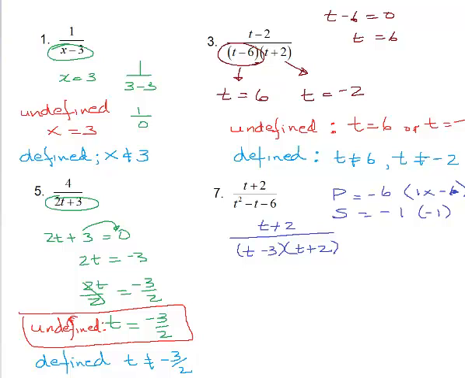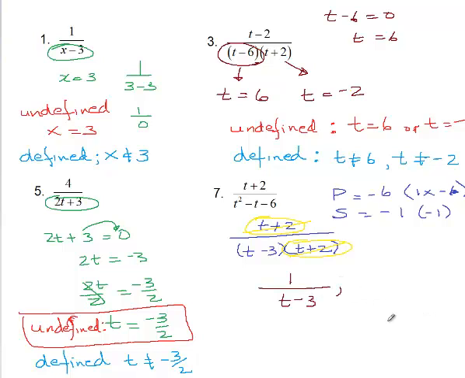So the denominator factors into 2 binomials. Now you look at that expression, and you can see that we have a common factor on top and bottom. Exact same sign, so you cancel the whole binomial with the whole binomial, leaving you with 1 on top, you're always left with 1 as a numerator, and just t minus 3. Then you put a comma.